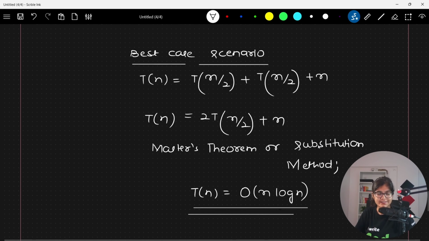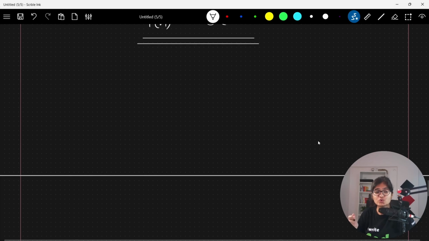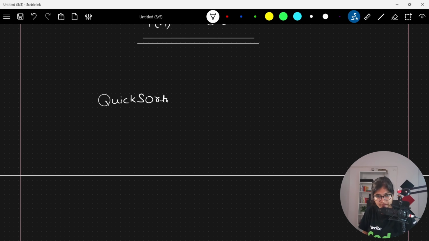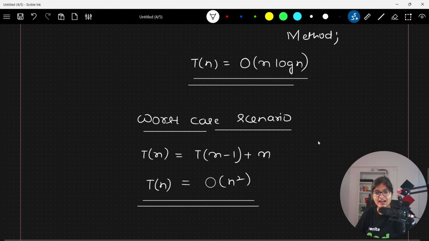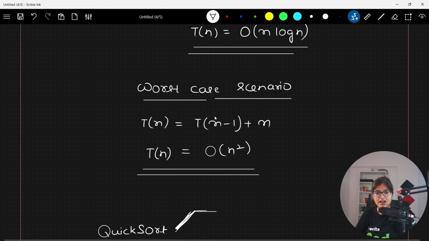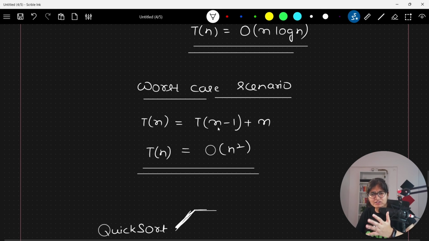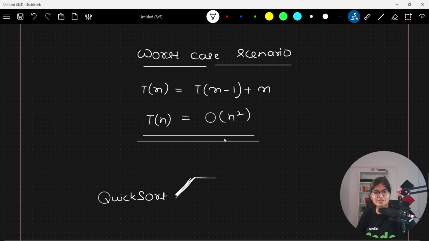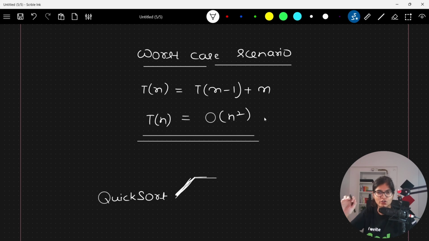What I want to say here is that when you are solving any question using the QuickSort algorithm, there are chances. Okay, what will be the average case? Average case will be half of the time you are getting a best case scenario. There are quite low chances that you are getting a worst case scenario. I will talk about at what instant of time this worst case scenario will come.